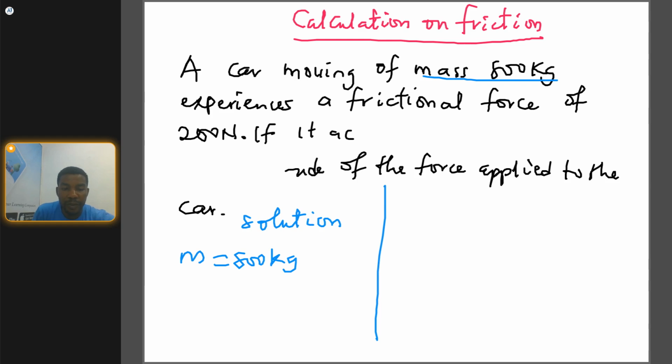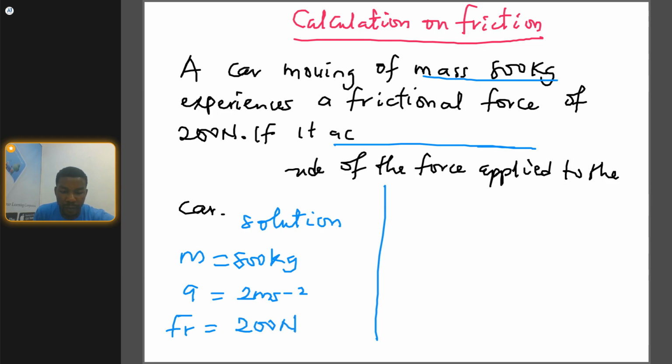And also we are given the acceleration of the car, that is A equals 2 meter per second square. And also we are given the frictional force, which is FR, 200 Newton. And we are asked to find the force applied. Force applied is represented by letter P.